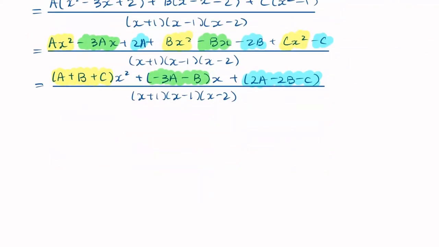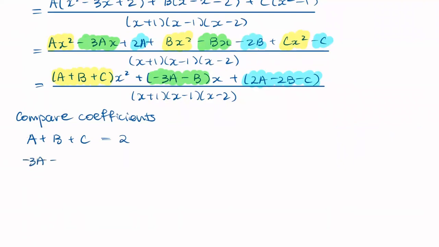So let's write this. We're going to compare the coefficients. For the first equation, we have a plus b plus c, and that is equal to 2. The second one, I have negative 3a minus b.